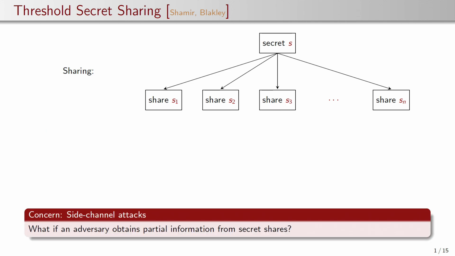However, such an all-or-nothing corruption model is not true when considering structural attacks. When we consider structural attacks, the adversary can get partial information from every secret share.